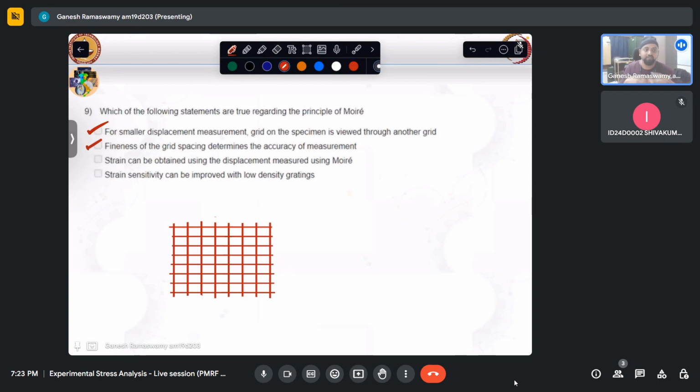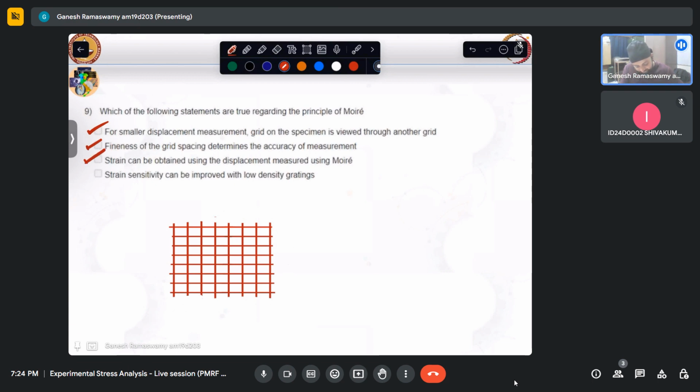And when we take the gradient of the displacement, which is what strain is, those errors will magnify themselves. So when we measure displacements through Moire interferometry, your displacements are very precise. So the strain levels that you get by taking the gradient of those measurements are reasonably accurate.